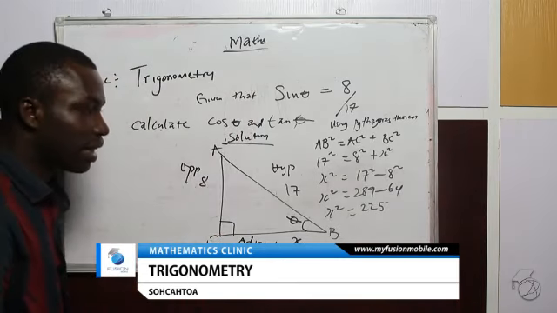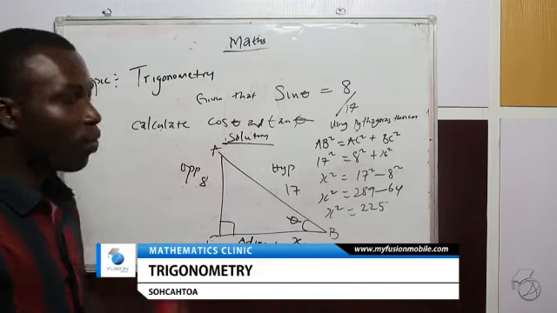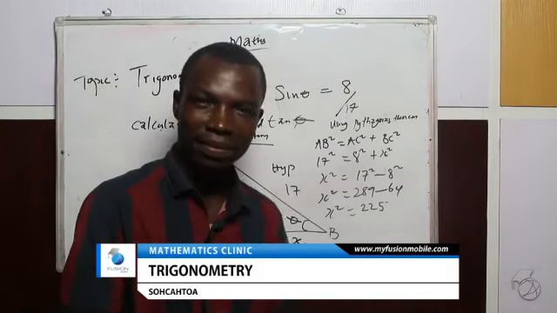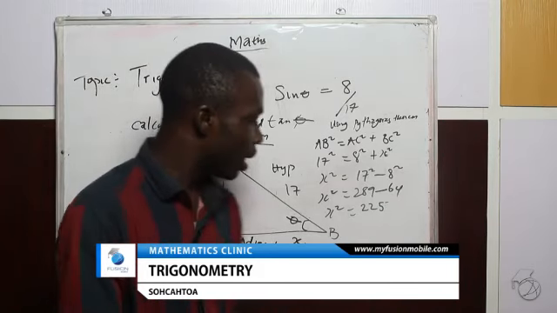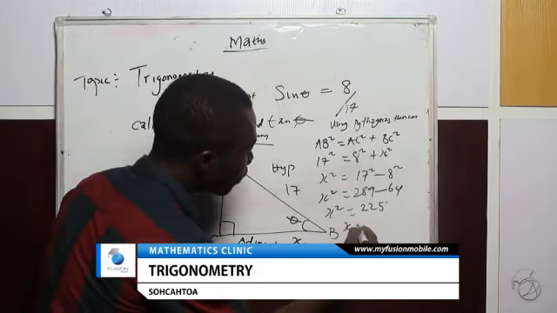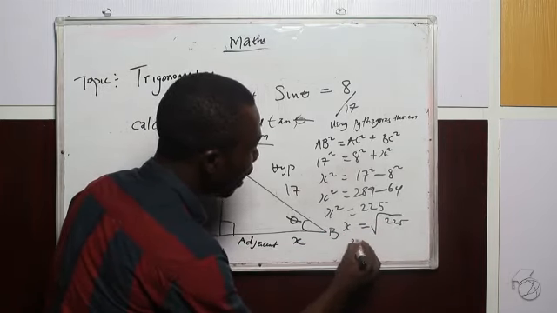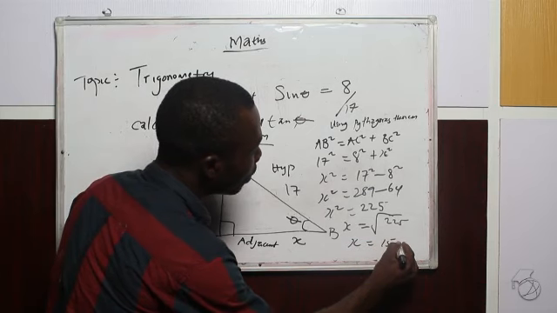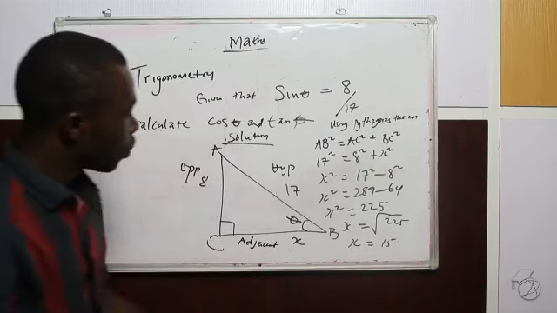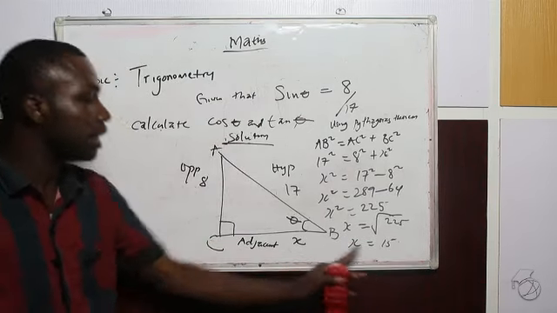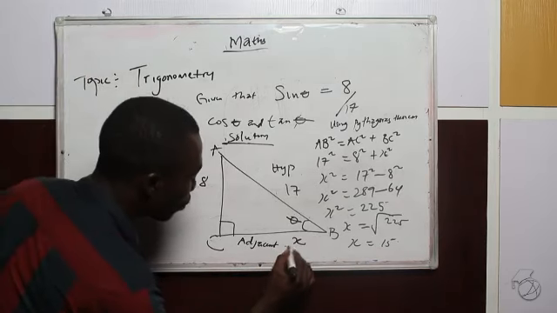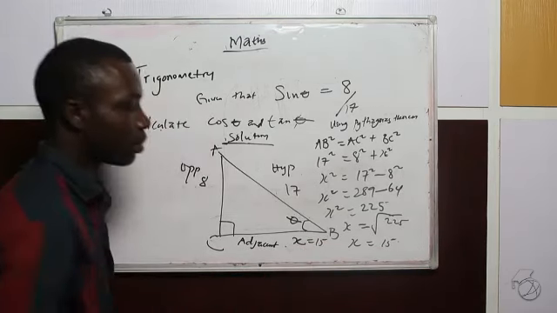We have to know this side so as to proceed to find cos theta. Good. Therefore, x is equal to the root of 225. X is equal to 15. So 15 is side BC. We are going to write it to be equal to 15.